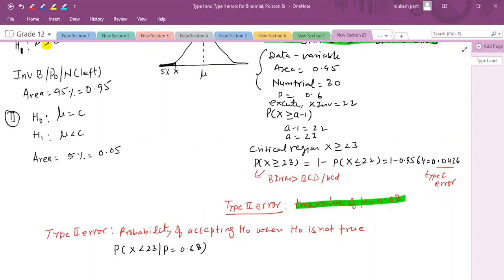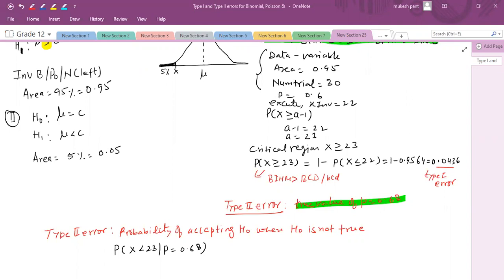So the type 2 error means the other region, before 23, so 0 to 22. For the type 2 error, the true value of the probability of success will be given, because it depends on the type of distribution.